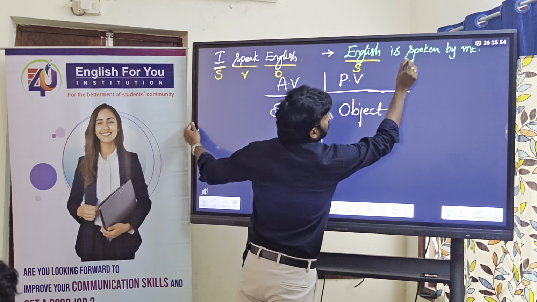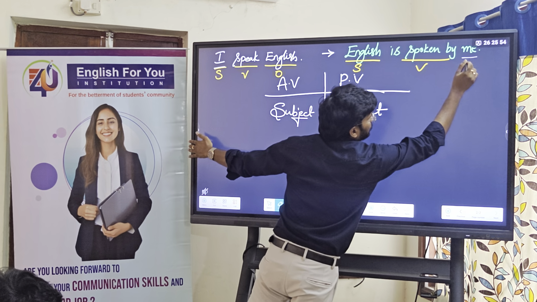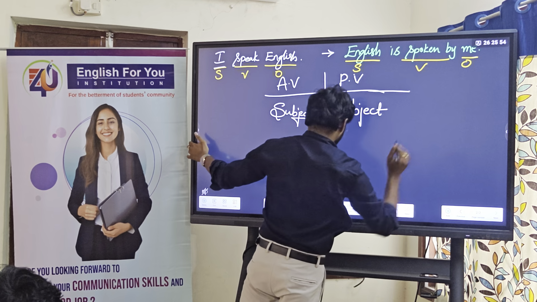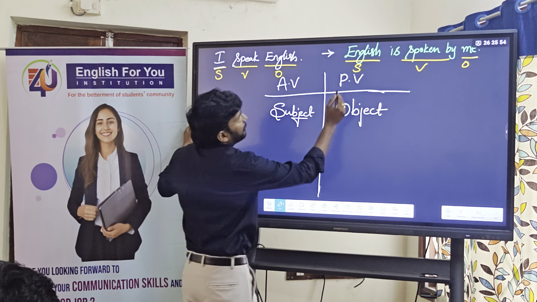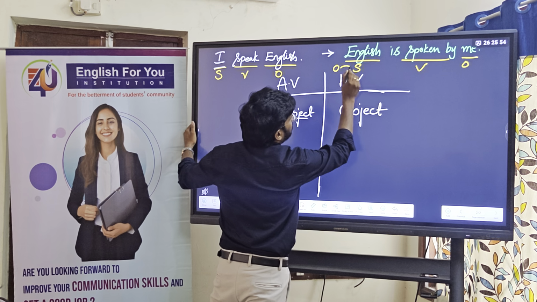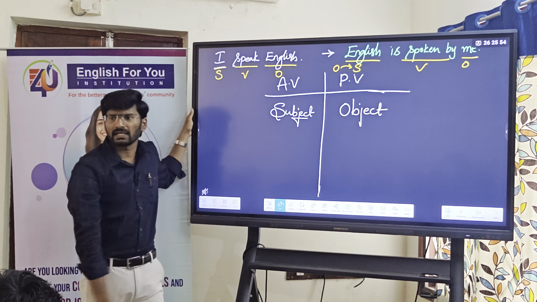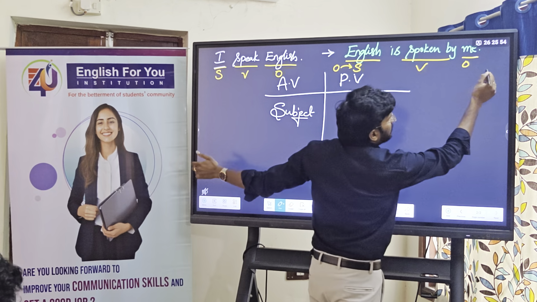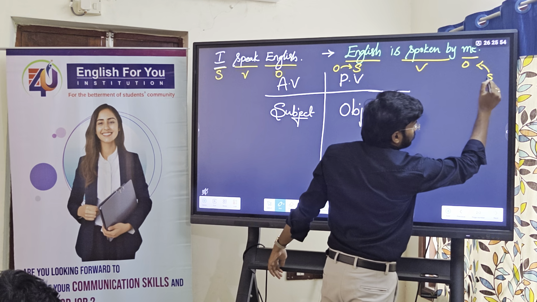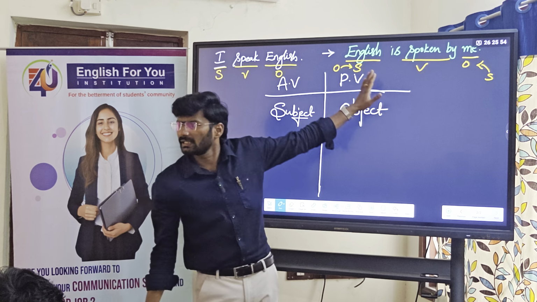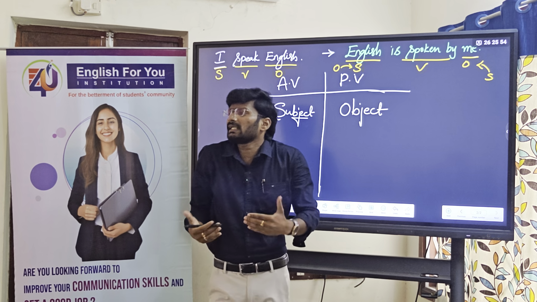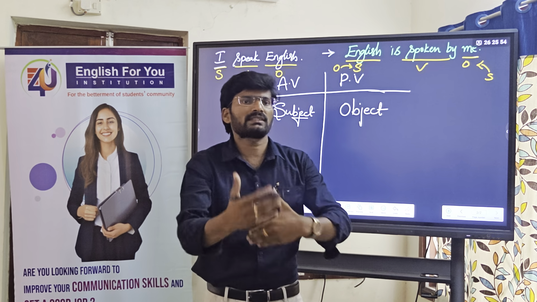This is subject, this is verb, and this is object. But here, which has become the subject actually? The object has become the subject, and the subject has become the object. But now in this sentence, what is the subject actually? English. But you are taking an object as a subject, that's it.